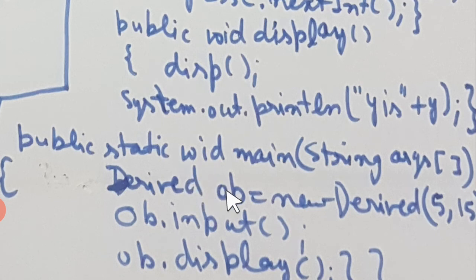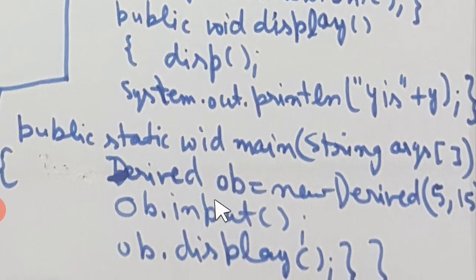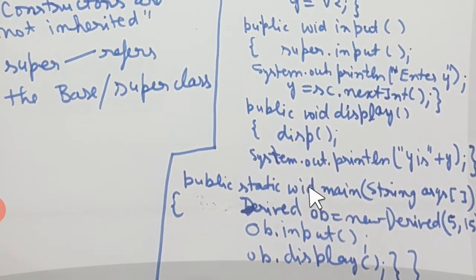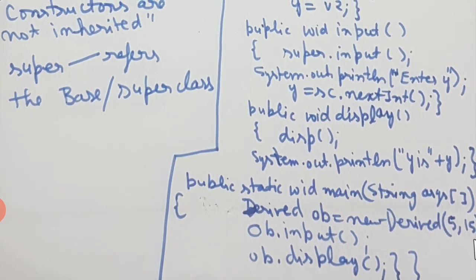So it's correct to make the object of the derived class and write the main function in the derived class. Derived ob equal to new Derived, 5, 15 are the two values I am passing here, semicolon, and then ob dot input. That way data will be entered for x and y, because input is already calling the input function of the base class, that is the super dot input statement.